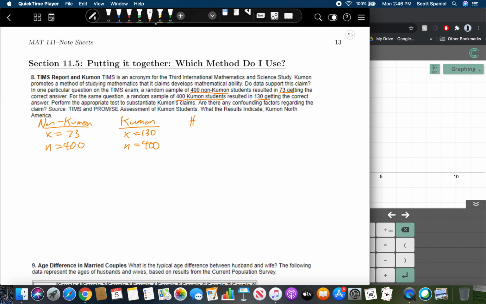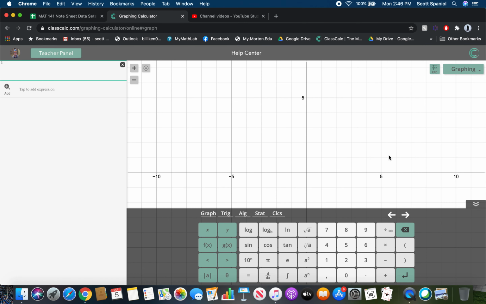Our null hypothesis is that the proportion of non-Kumon students is equal to the proportion for Kumon students, and our alternative hypothesis is that the proportion for non-Kumon students is less than that for Kumon students. You could flip the order of those, but it would mean the same thing if we flip the inequality as well. Since we're dealing with proportions, we're going to use the two prop z-test.